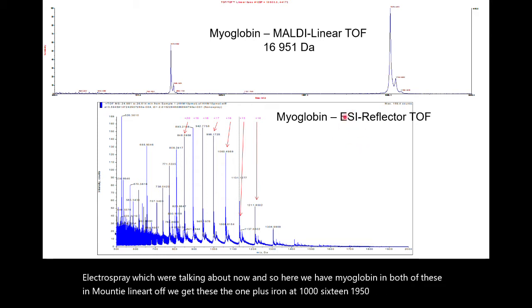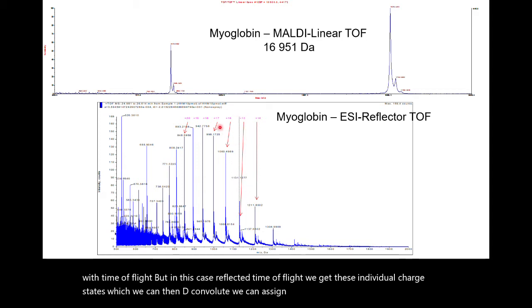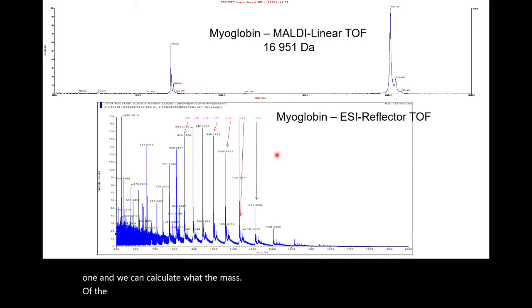But in electrospray with time of flight, in this case reflector time of flight, we get these individual charge states, which we can then deconvolute. We can assign the charge state to each one, and we can calculate the mass of the intact protein from those charge states.